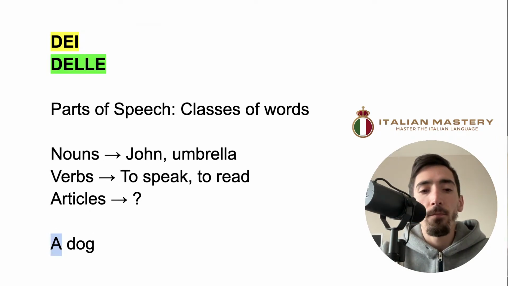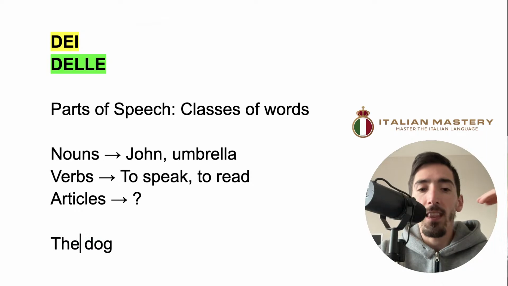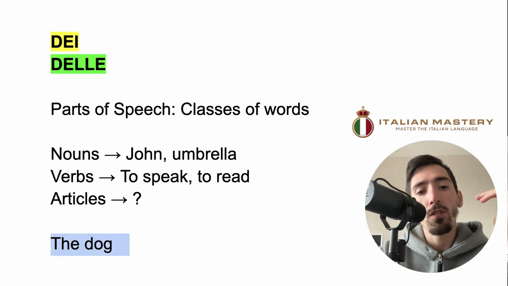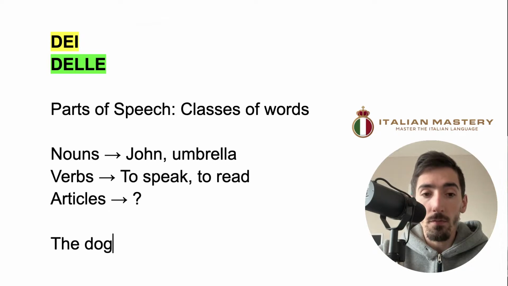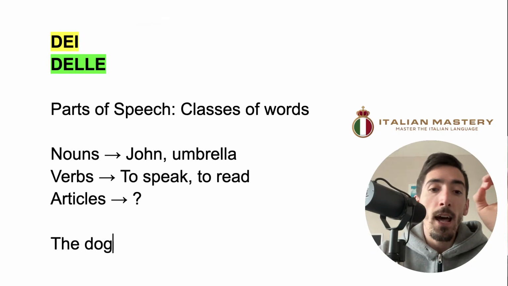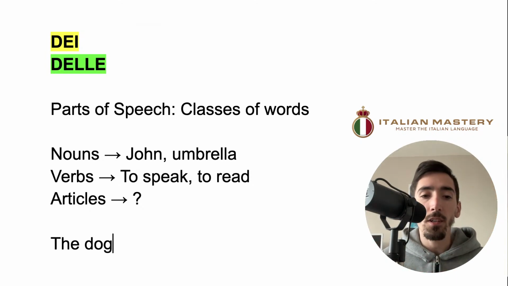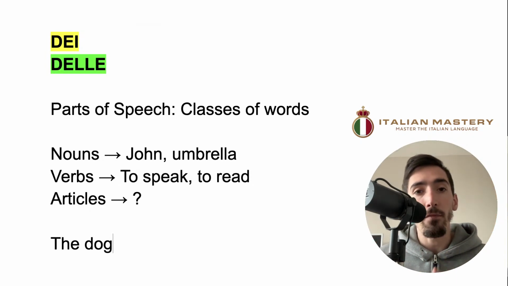If I said the dog, right? The dog. This would basically mean that we're talking about a specific dog. And this is the idea behind articles, indefinite articles, definite articles.